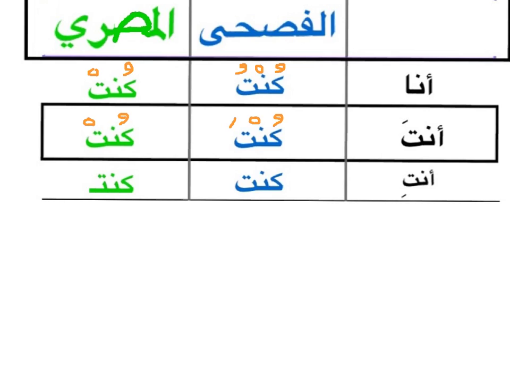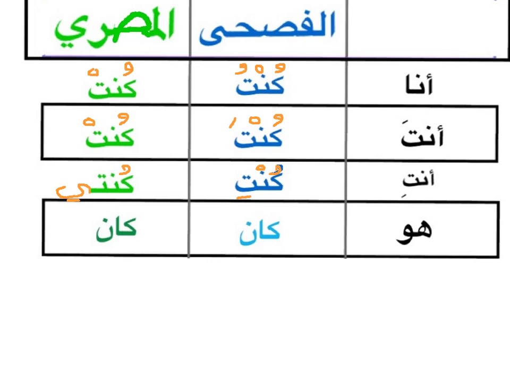As for أنتِ, feminine you, we say أنتِ كنتِ. So dhamma. Let me just change the color. كنتِ. And in Masri, there's a strong ya. كنتِ. أنتِ كنتِ فين يا شاطرة? Where were you? As for هو, he, we say هو كان.